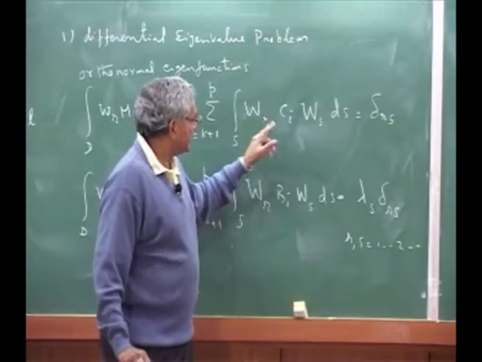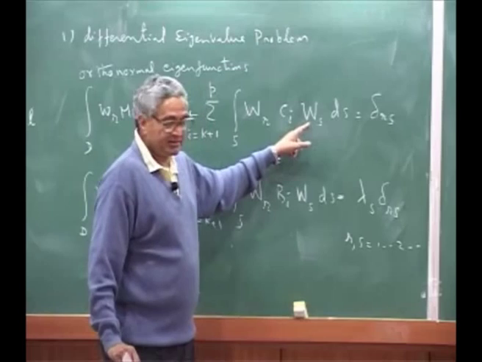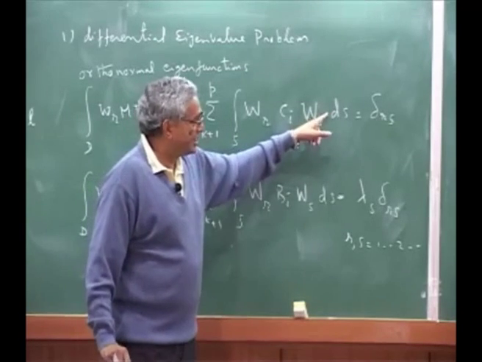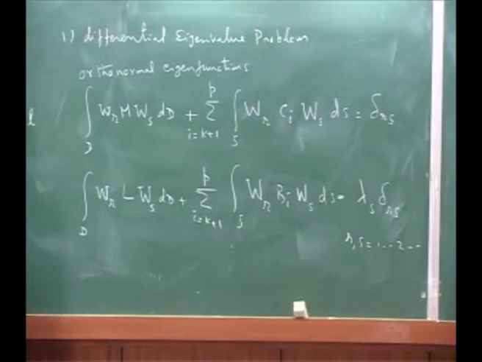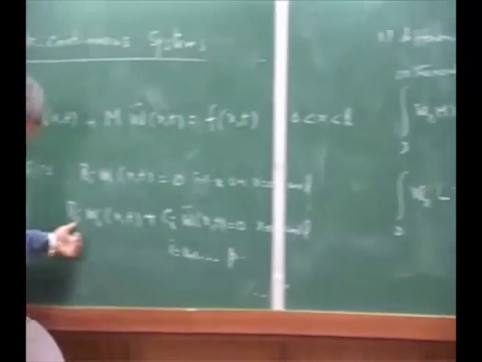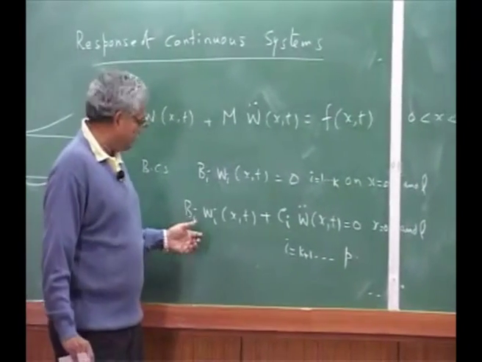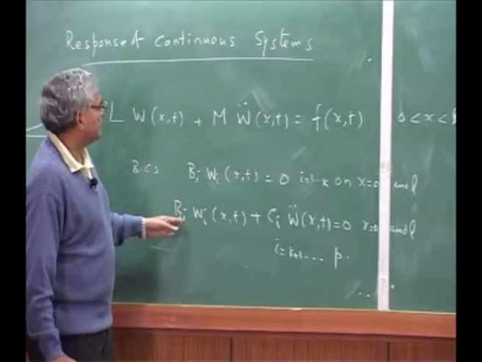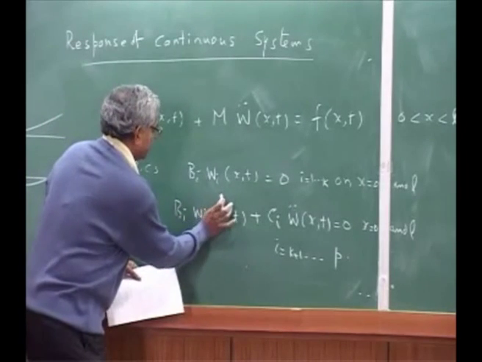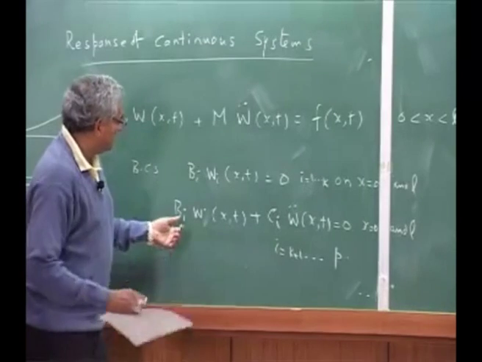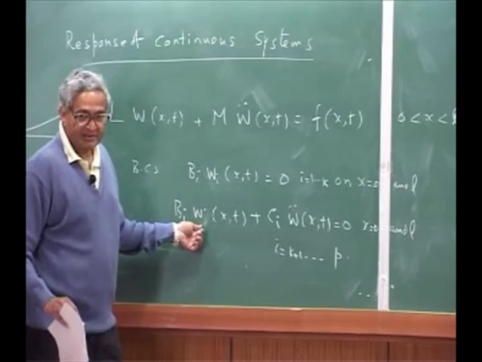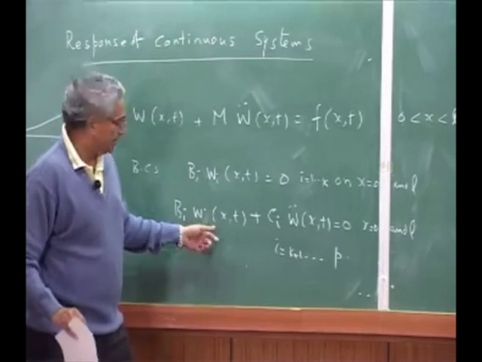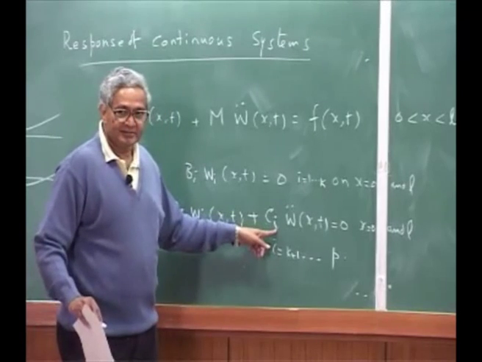These two terms are CI WS into eta double dot. You come here. BI, or you can say BI is a function. No, there is no I here. BI WS plus CI WS.